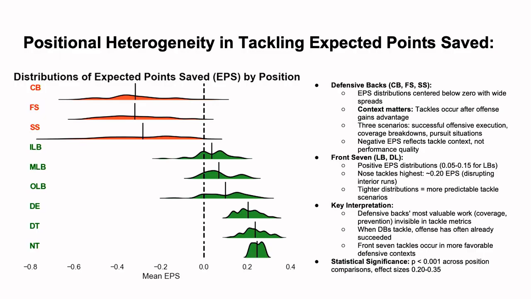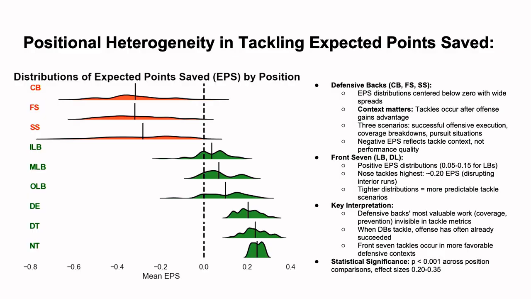This is a plot of expected points saved, though, right? So is this the difference between whether they made a tackle and didn't? Because if it's the difference between them making a tackle and not making a tackle, not making a tackle is almost always worse. So I'm curious how you're getting negative values in the expected points saved statistic.